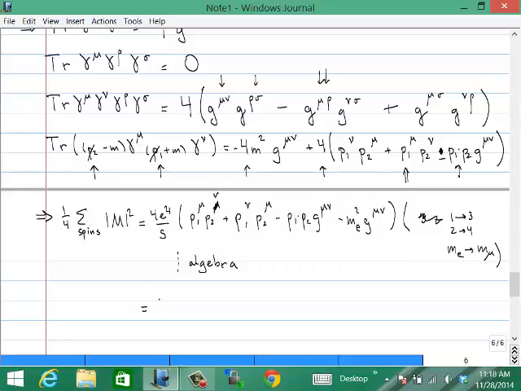So the answer expressed in terms of the Mandelstam variables takes a relatively simple form. I mean, simple really is a relative concept.